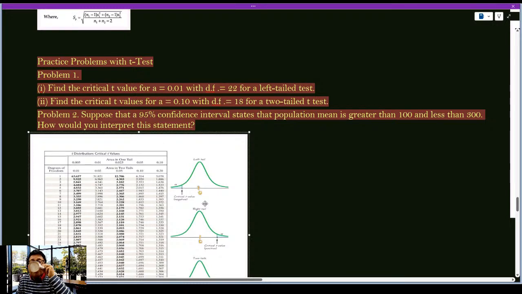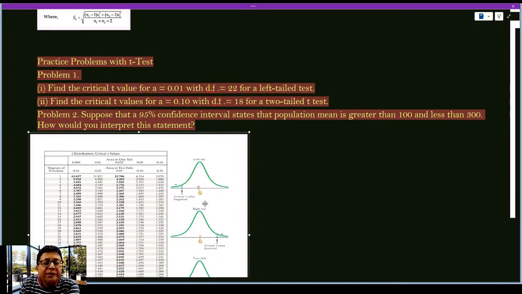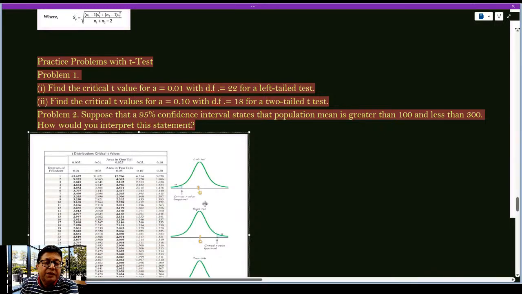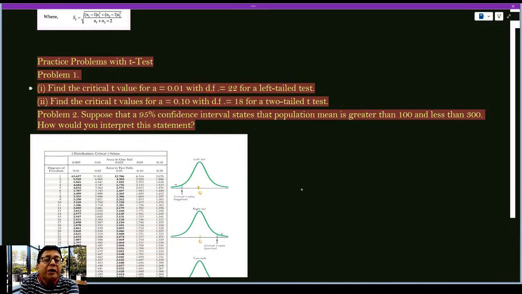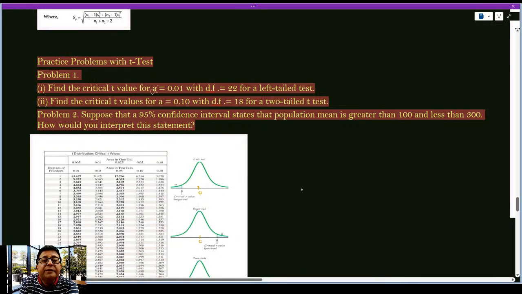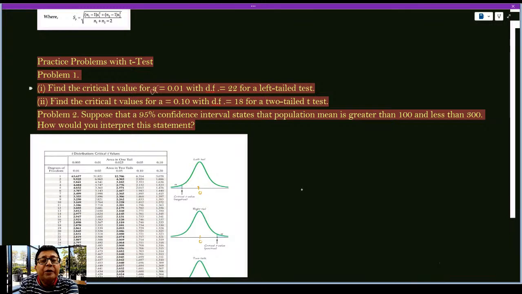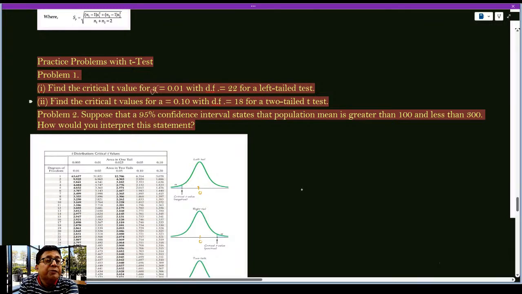From where? That critical t value you will find in this curve, in the two-tailed or one-tailed test curve. So for this one, for alpha, this is alpha, not A. For alpha equal to 0.01, degrees of freedom 22, find the t value. And for this also.